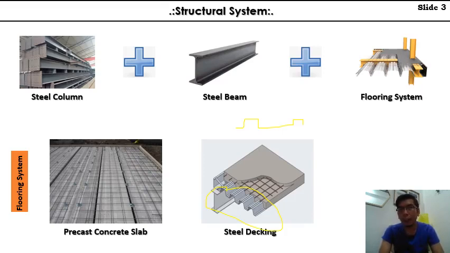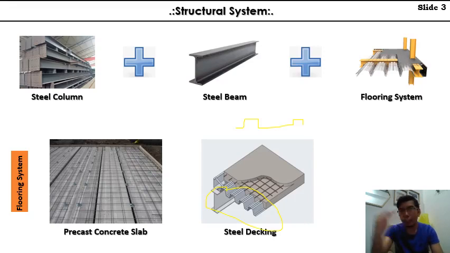So why do we need to use a corrugated steel sheet? Because when you use this flooring system, you don't need reinforcement bar. Sorry, I picked the wrong picture. Actually when you use steel deck, you don't need BRC, because the steel deck itself has the function of reinforcement bar.